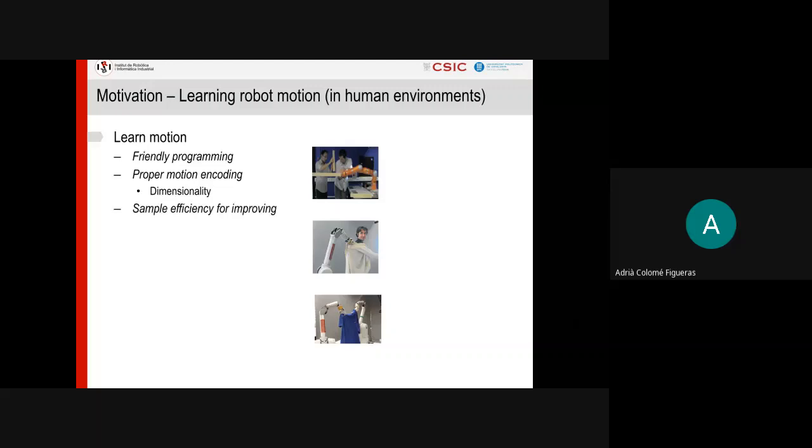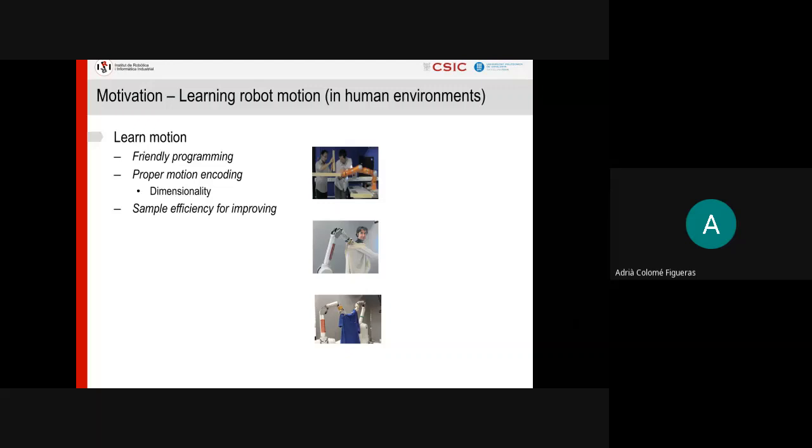But then, of course, there is the sample efficiency for the robot to improve the motion that it has just learned. In the case of the tennis swing, you can characterize the motion of the robot with some mathematical model.